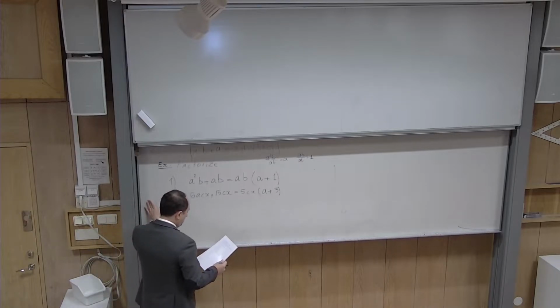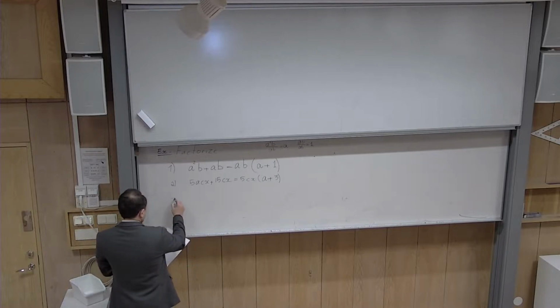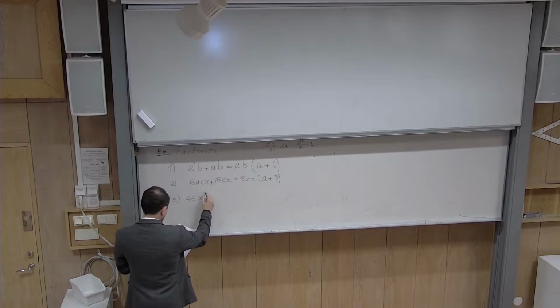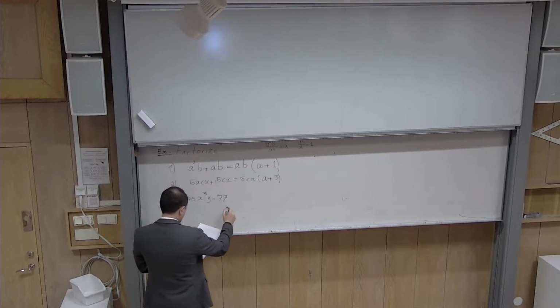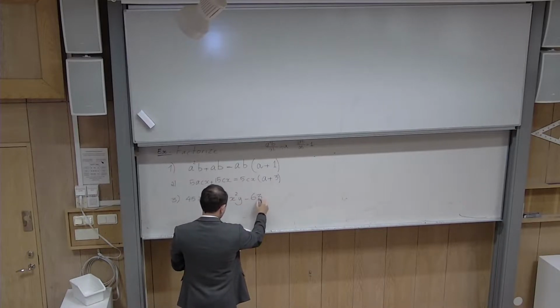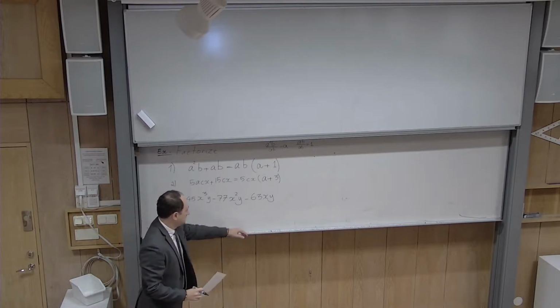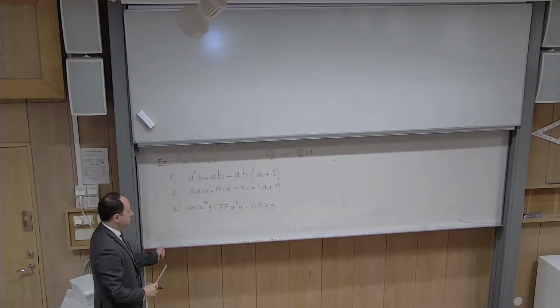For example, you might also have this one. So let me write another example. 45x to the power of 3y minus 77 x to the power 2y. And then finally I will have minus 63xy. So I ask you to factorize this.